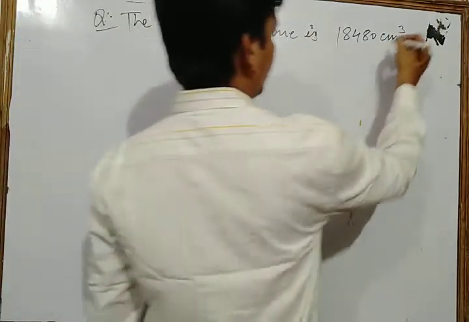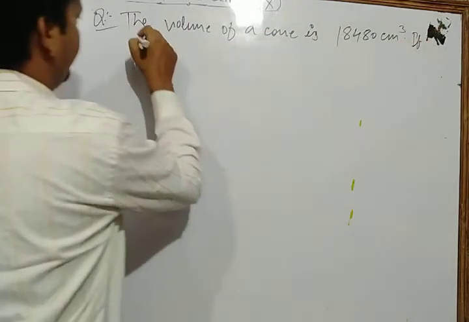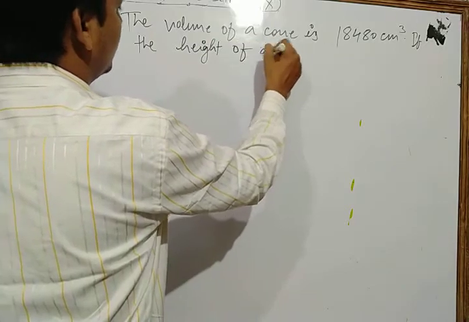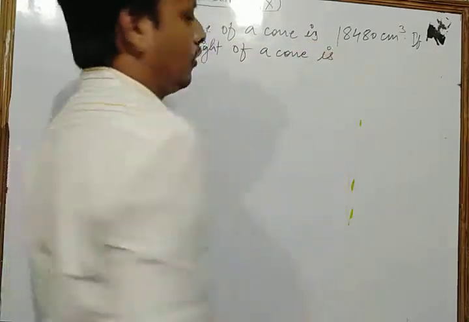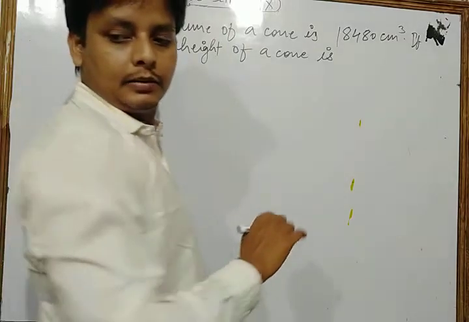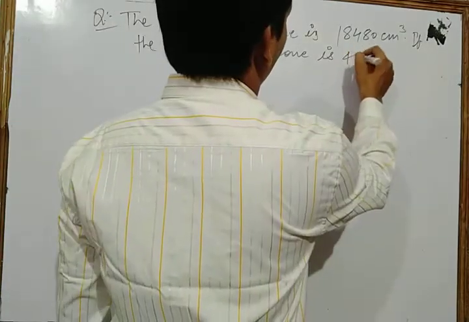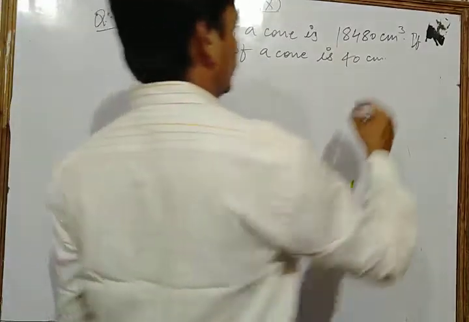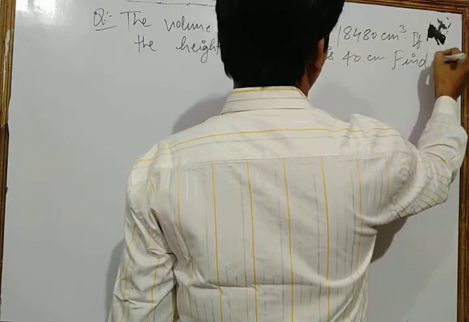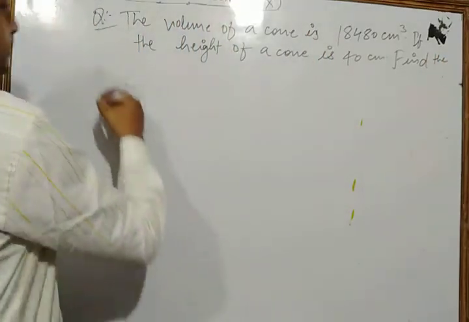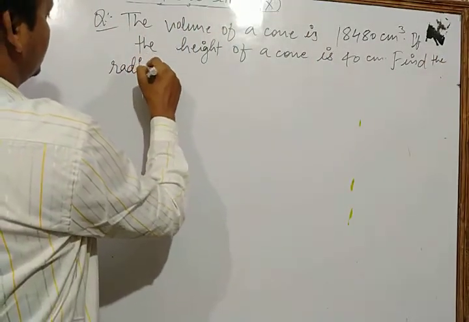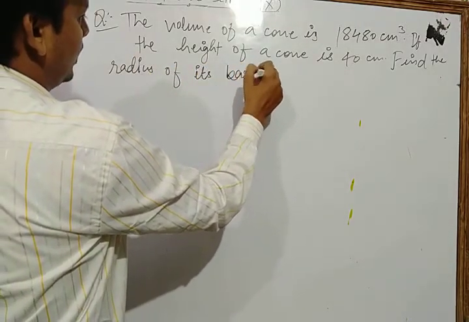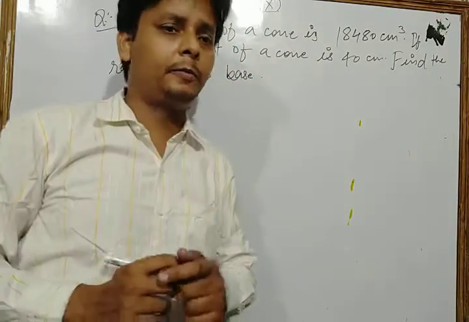If the height of the cone is 40 centimeter, find the radius of its base. Okay, this is your question here.